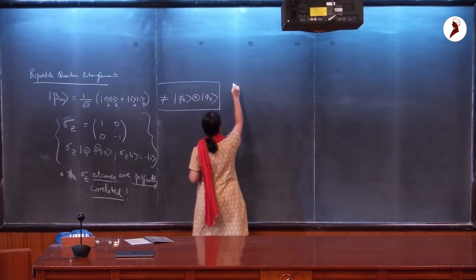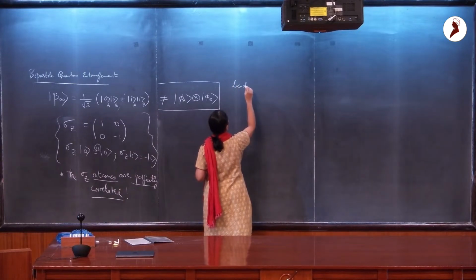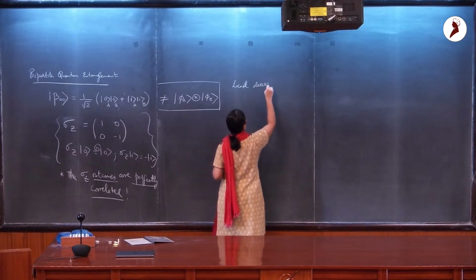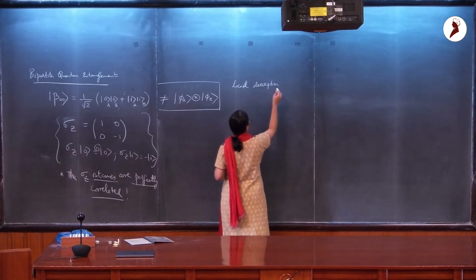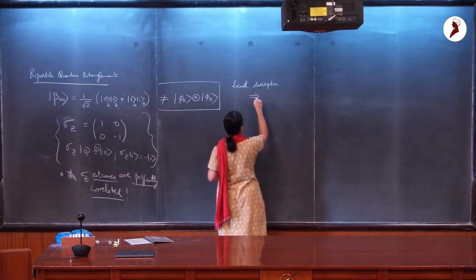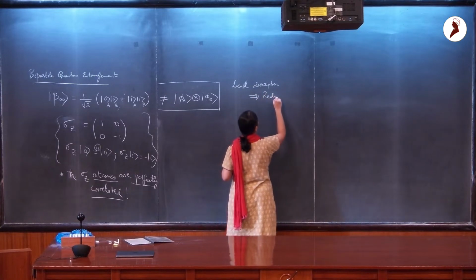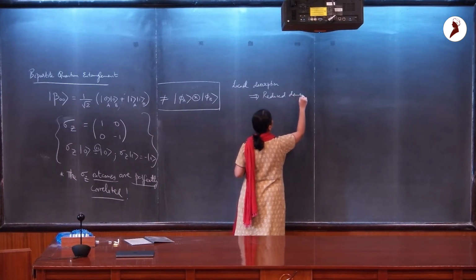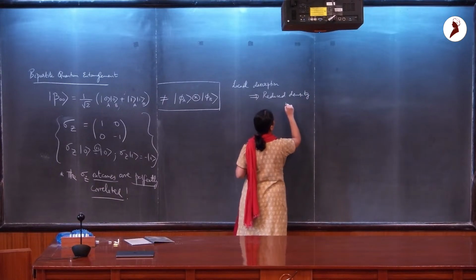So I want to talk about the local description, which basically leads us to something called the reduced density matrix. I mentioned this towards the end yesterday, but I just want to dwell a little bit on that.